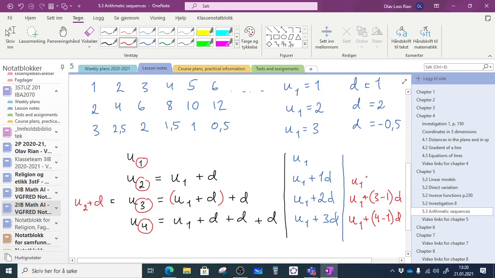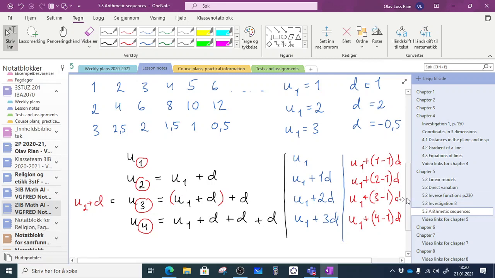U2 would be U1 plus 2 minus 1 times d. And U1 is just going to be U1, of course, because we have 0 multiplied with the common difference. So there is no difference.